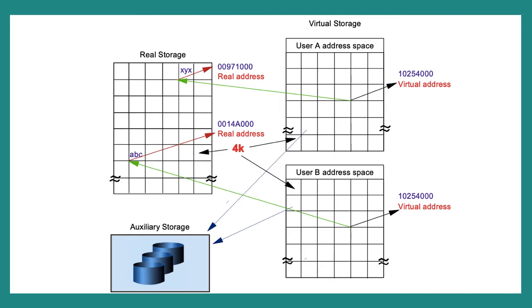Each page is then active and subject to normal paging activity. Because of that, most active pages are retained in the central storage or real storage, while the pages that are not currently active might be paged to the auxiliary storage.